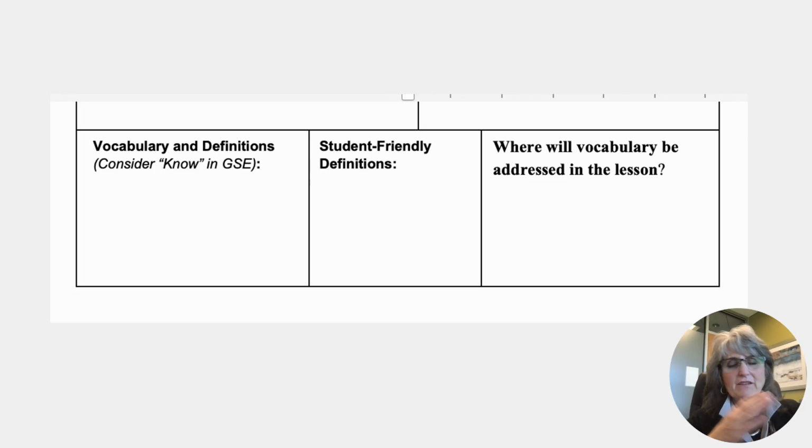So you're going to write about this, address it at the very beginning, maybe introduce the vocabulary, but then it should be reinforced throughout the lesson, and maybe even on the final assessment. But this is not your science of reading integration. This is where you are just making sure that in every lesson you're reinforcing the relevant vocabulary needed for the student to have success in that lesson.